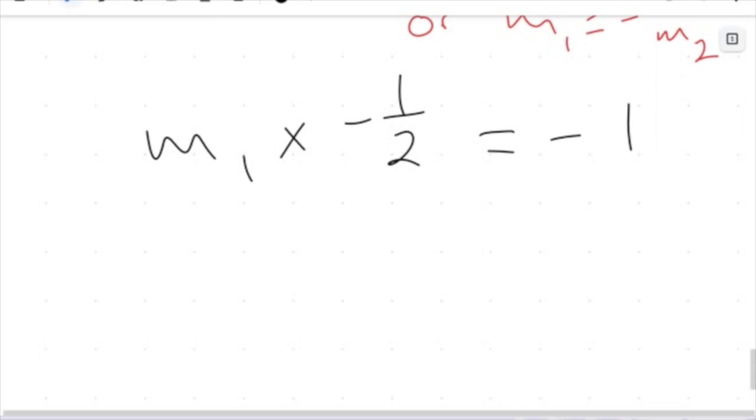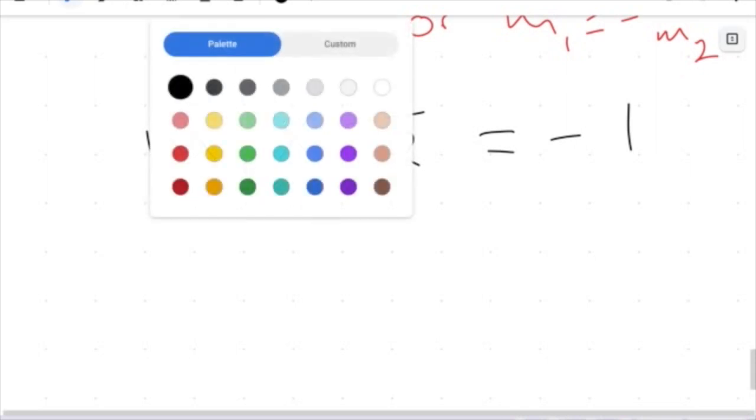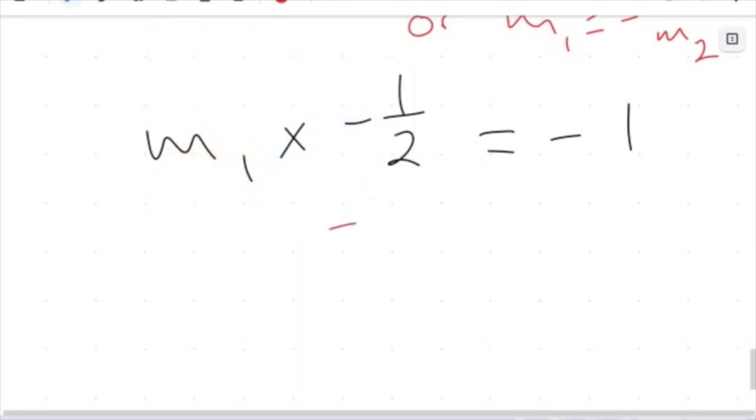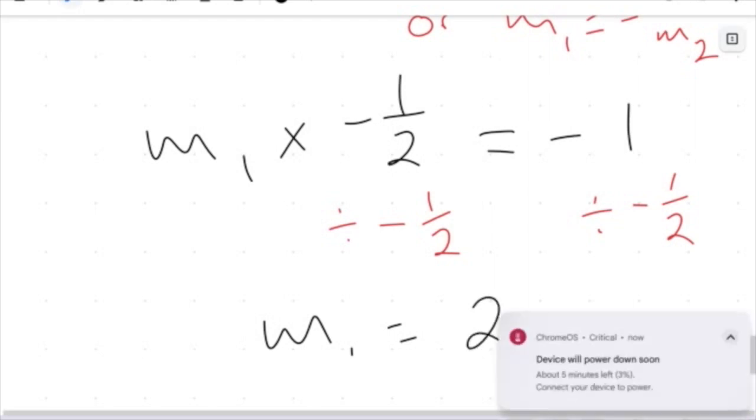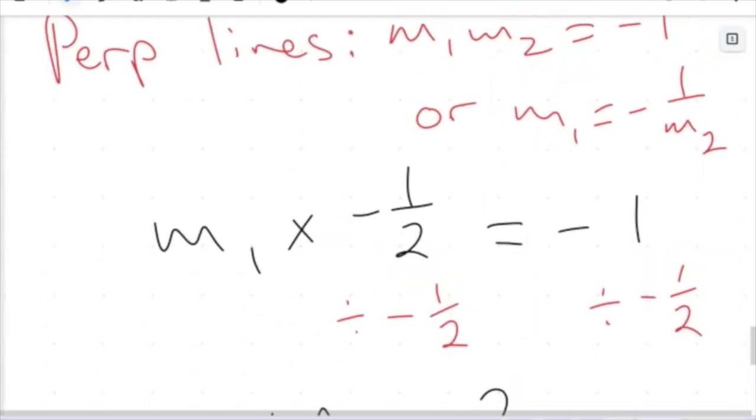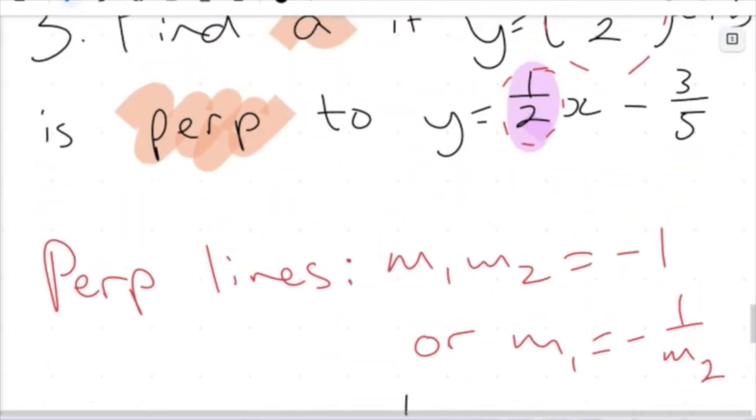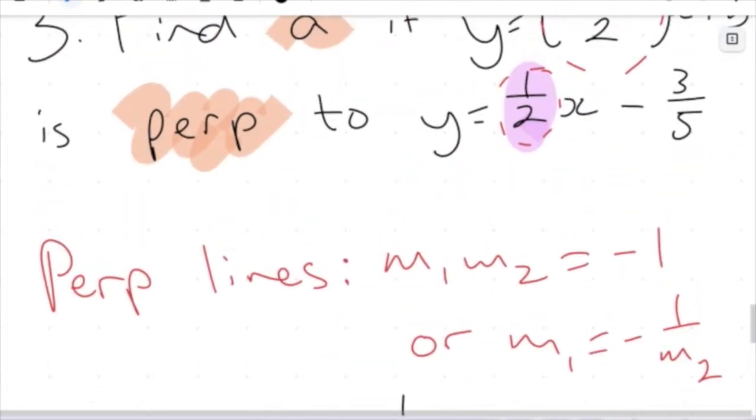So I can solve this by just dividing both sides by a half. Dividing -1 by -1/2, that's going to give me my gradient as +2. Another thing we could have done is we could have gone, well, the 1 over 2, the reciprocal of that is 2 over 1, or just 2, and stick a negative in front of it.